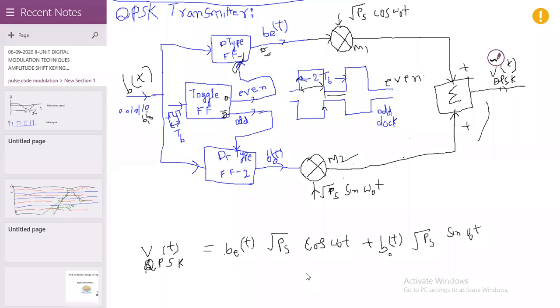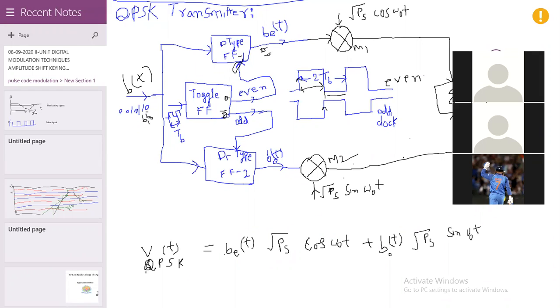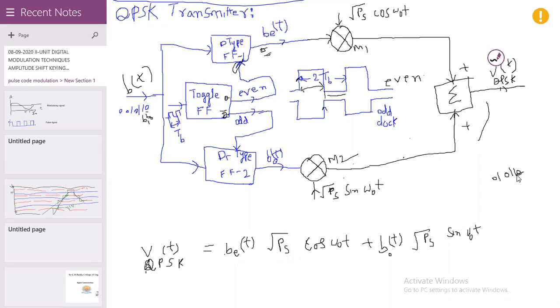Offset means that when the first bit is transmitted, the next bit appears. After this transmission, the next bit changes.